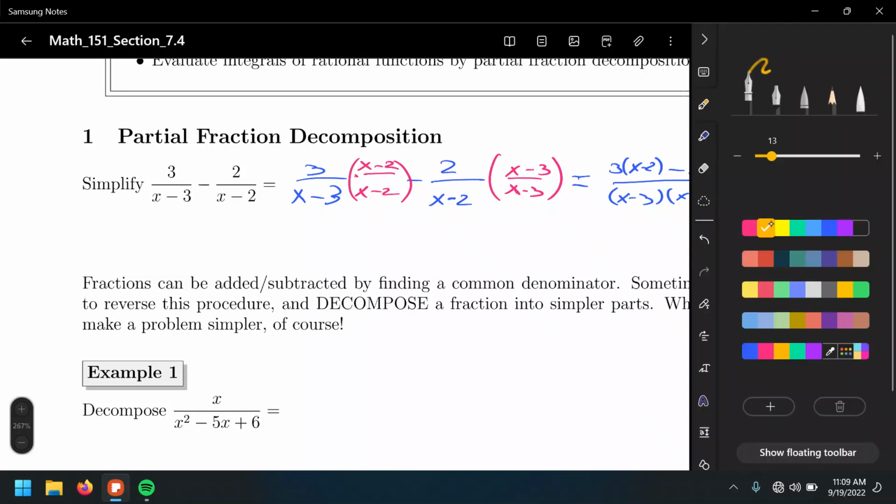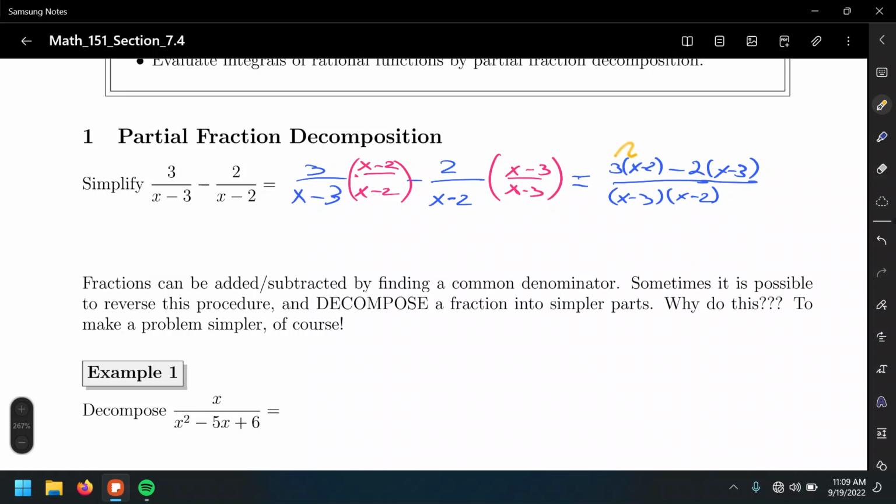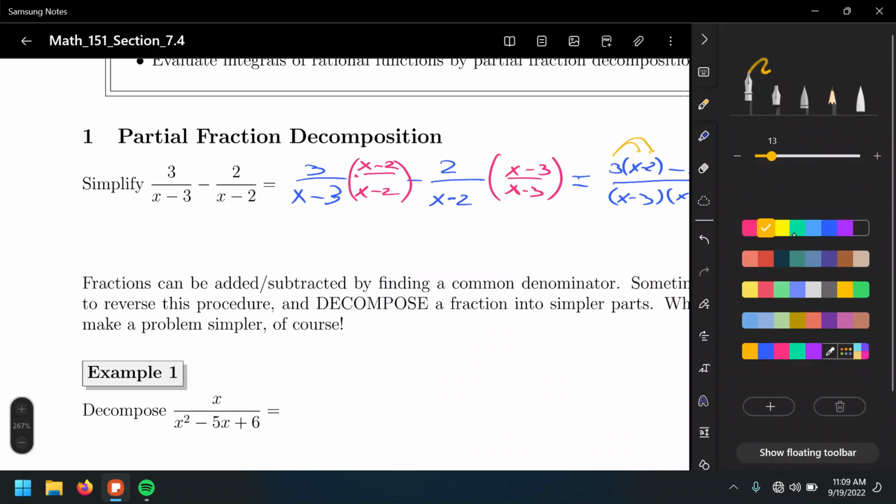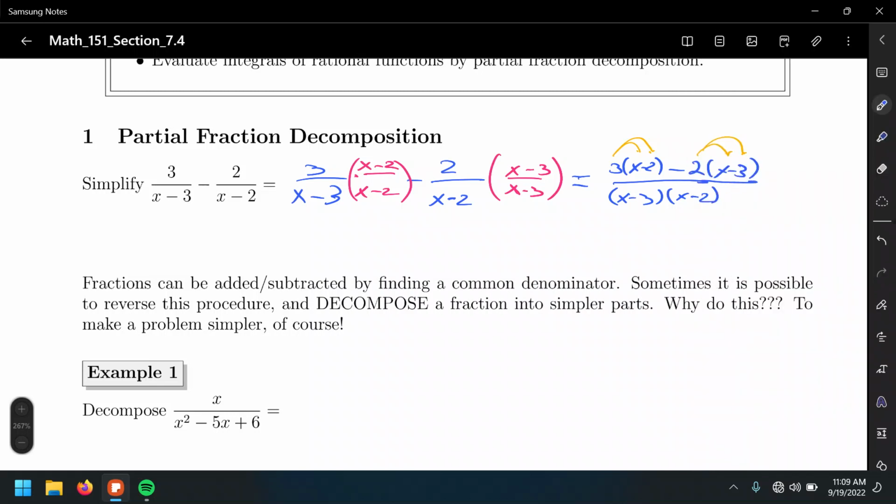All we have to do here is focus on the numerator, distribute, and that's going to give us 3x minus 6 minus 2x. Negative times a negative, careful, that's going to give us a positive 6, and we'll just keep bringing that common denominator, x minus 3, x minus 2.